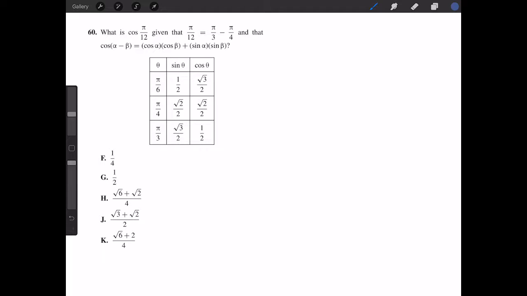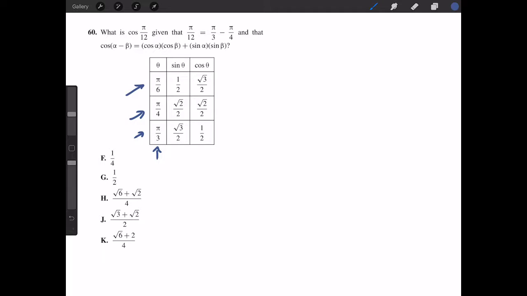Strictly speaking, it's not necessary if you solve this prompt the way it's meant to be solved using algebra, but it is important to always identify when angles are given in radians or in degrees. There is a second method you can use to solve this prompt. It'll be explained at the end of this video using the calculator, and for that you definitely need to know that these are radians. So it was worth reviewing that.